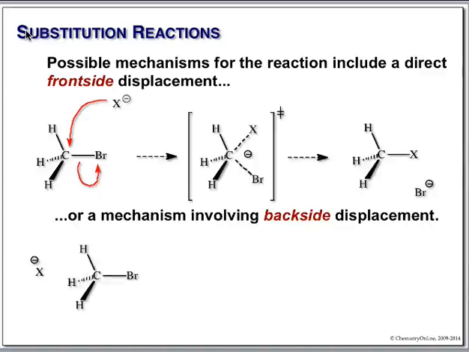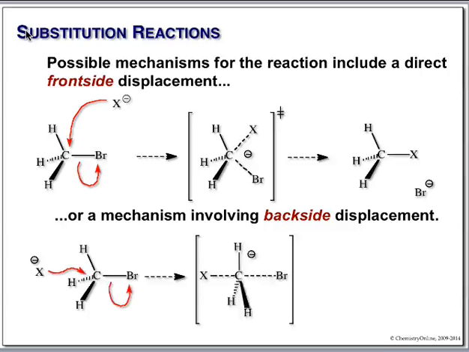In the backside displacement, the nucleophile is going to attack the electrophile. When it does, we have this transition state with this guy entering, this one leaving at the same time, same kinetics, they're both here, and we wind up with a product.